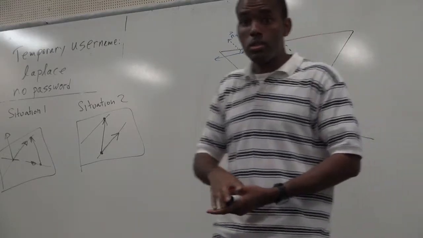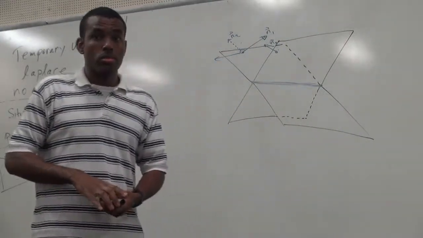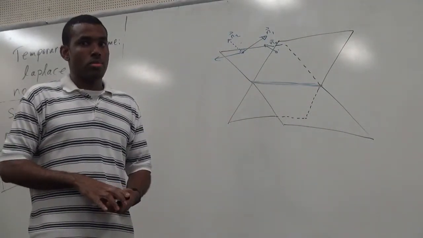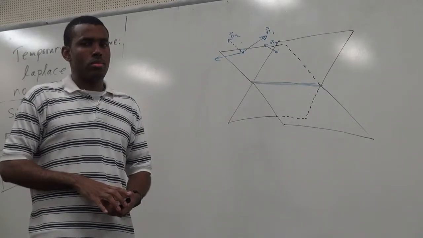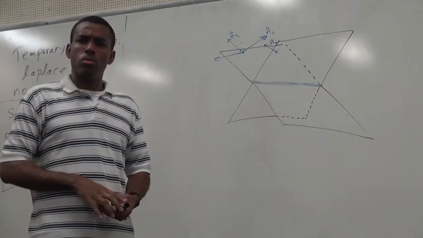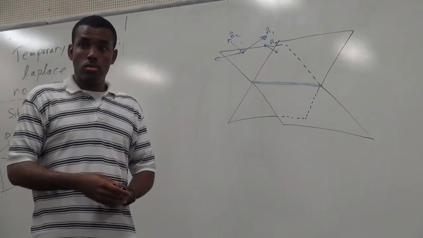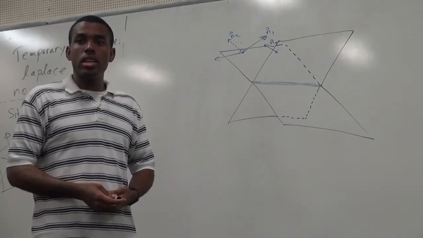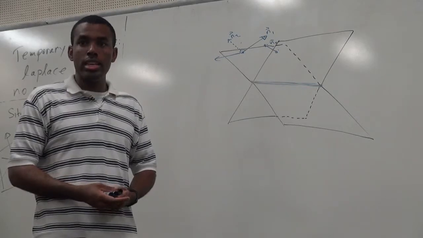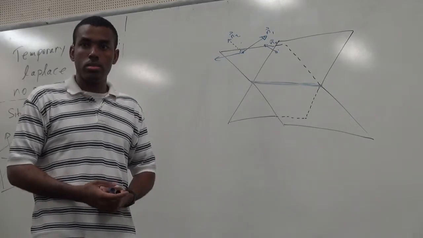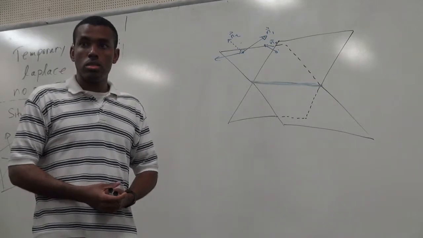But what if the line, instead of going this way, is actually cutting across both planes that way? How do we know that the line is parallel to both planes? Because it says it's a line of intersection, so we know the line is in both planes. It doesn't matter if the planes are perpendicular to each other.